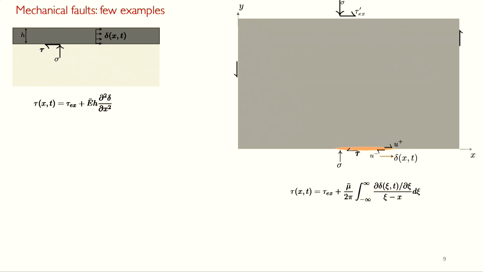So the stress at the base, whatever stress we apply in the form of either loading or velocity, is equal to external plus any elasticity-driven stress change, and we can do a simple force balance. While doing the force balance, we can consider some depth-averaged form, so I'm not going into that detail. The point is, interfacial elasticity is different and the formulation looks different, and these are just two end members: one is thin, one is infinitely thick.